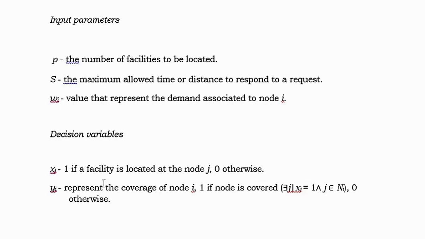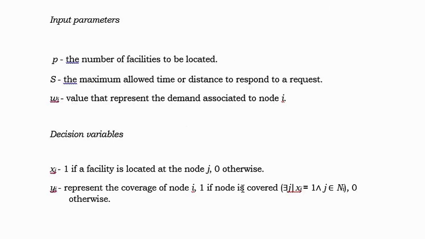So we have this x sub j, which is one if a facility is located at node J, and 0 if not. Our y sub I here represents the coverage of node I, which is 1 if node I is covered, otherwise 0.